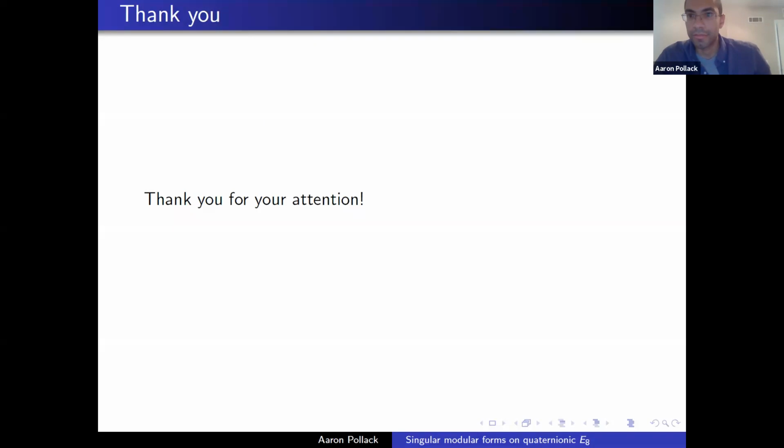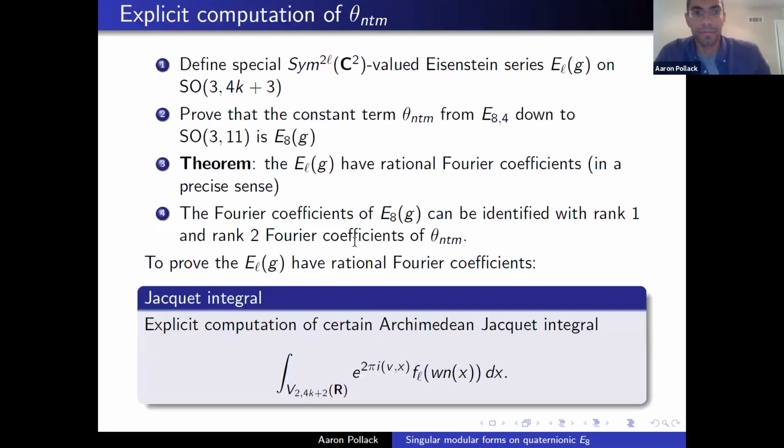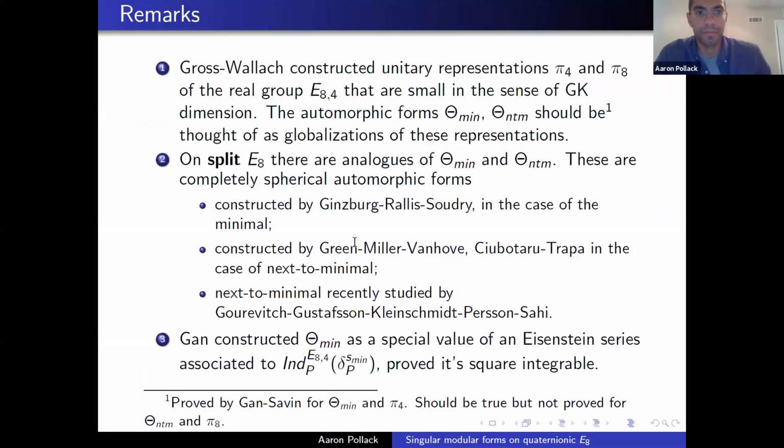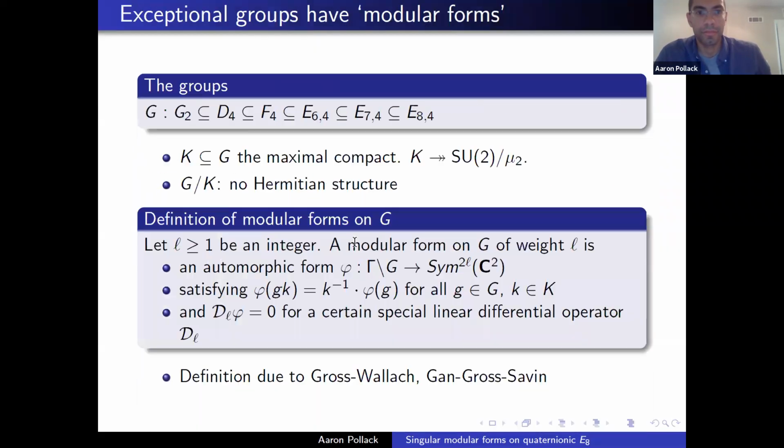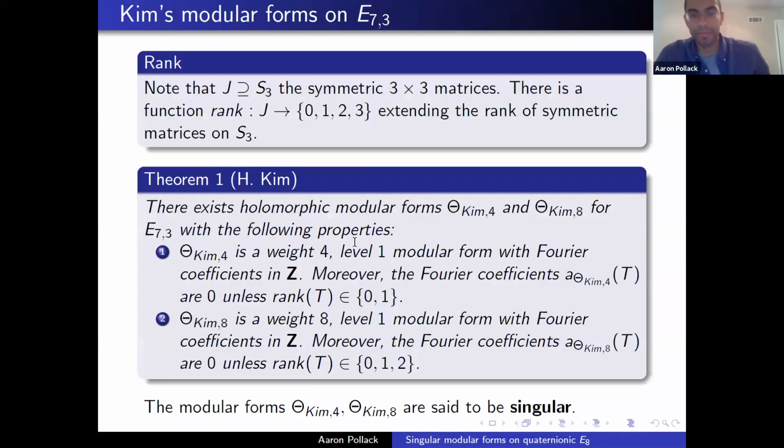Hi, Aaron. Can you say a few words about the two theorems you had earlier, one by Kim, and I forget the other theorem, but both statements were that the coefficients were integers. And then in your theorem, you proved rationality.